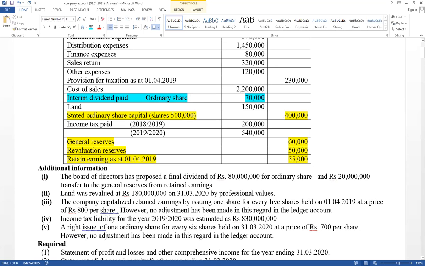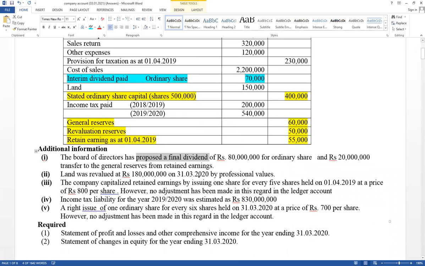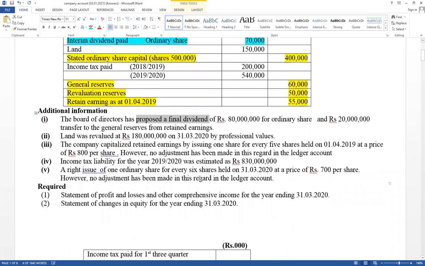First one, proposed dividends, a note should be written. Proposed dividends for ordinary shares is 80 million. You have to prepare a separate note for that. Therefore, note number 1, note is also one part of the financial statements.